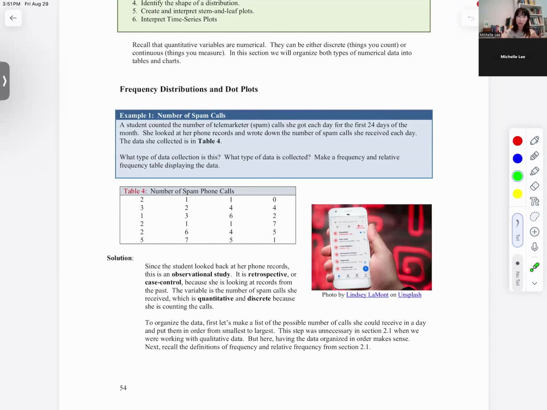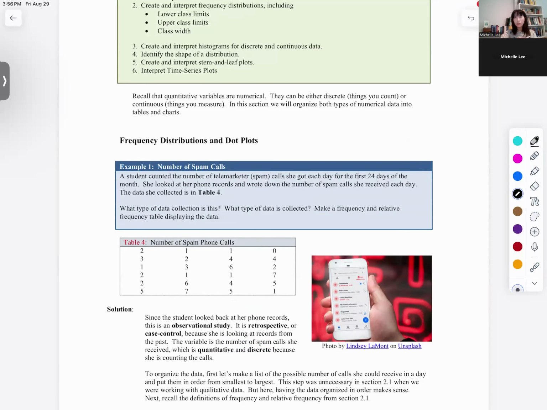She went back to the past and looked at that, so that is an observational study. We studied that before. Then the variable is the number of spam calls. It's a number, and we did so many examples. Number, then discrete, so it's quantitative.